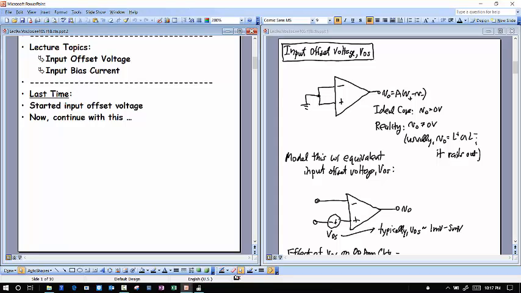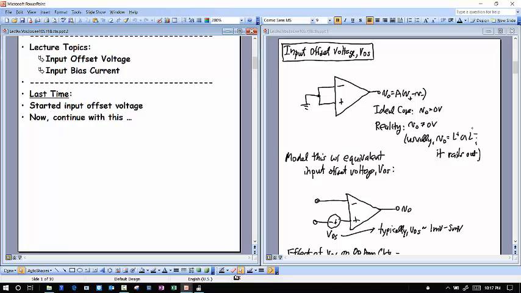It's basically trying to model the phenomenon where if you ground both inputs of your op-amp, you expect to have an output voltage of 0 volts in the ideal case, but in reality, you get an output voltage not equal to 0. Usually it goes to the rails, and last time I expressed the rails as L plus or L minus. So L plus would be some large voltage like 18 volts, or L minus would be minus 18 volts.